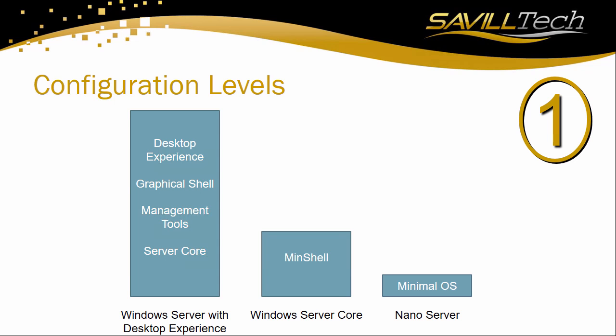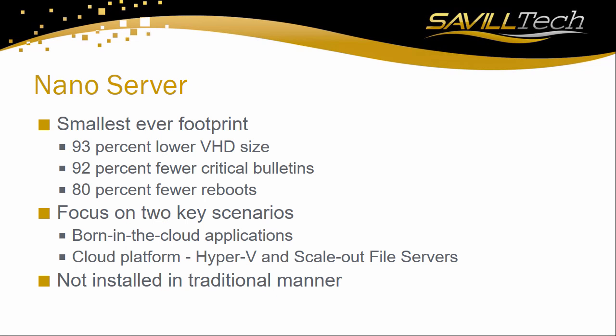Now, those key use cases are, this is really designed for my new born in the cloud applications. And when we say born in the cloud applications, we're really thinking about web applications, microservices, web services. I'm thinking about the cloud platform, Hyper-V servers, scale out file servers.